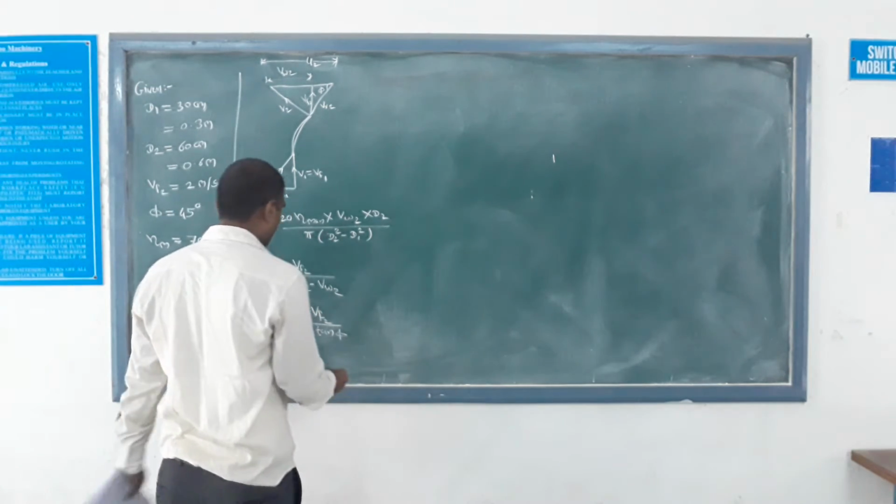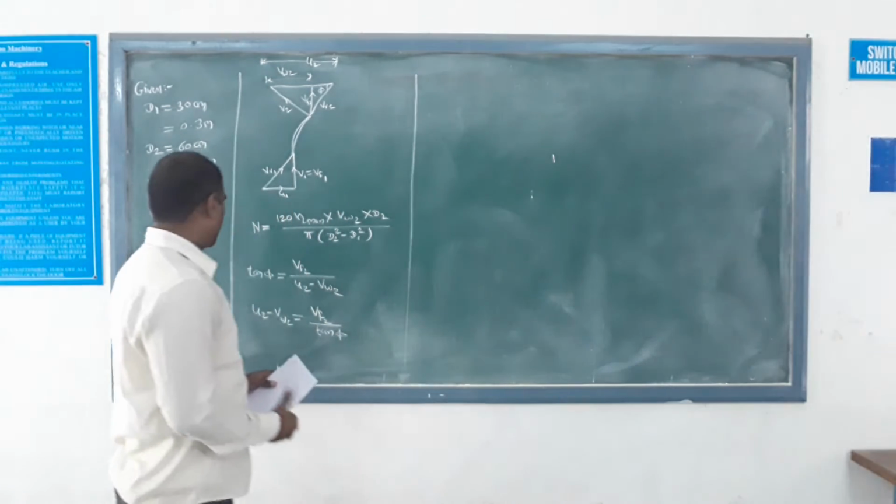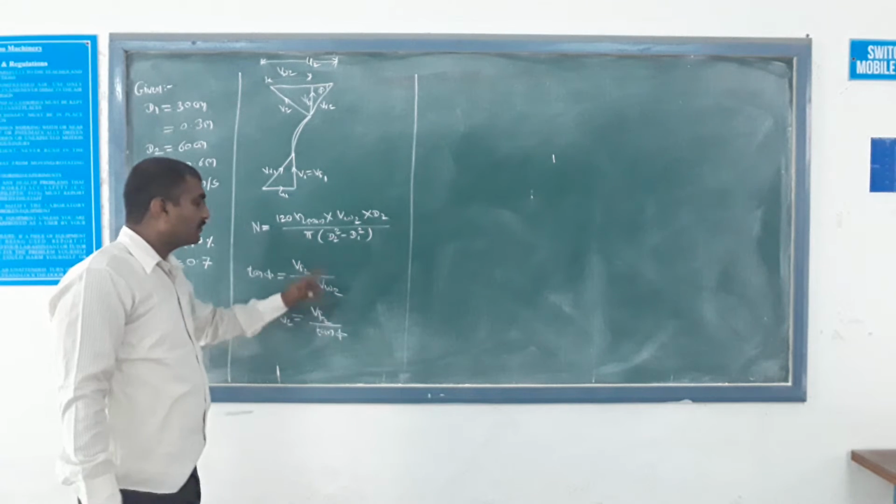We know tan phi equals Vf2 upon U2 minus Vw2.